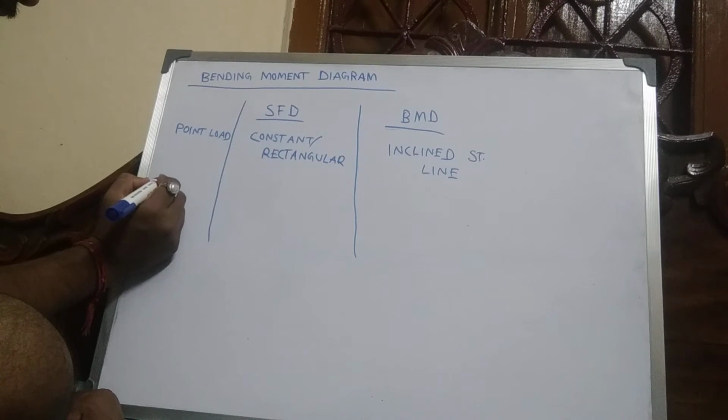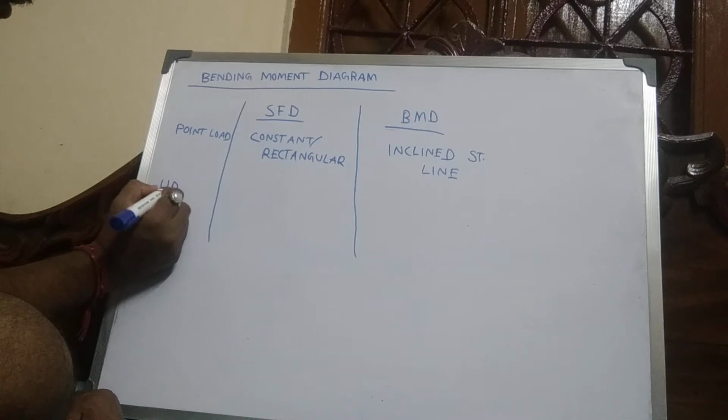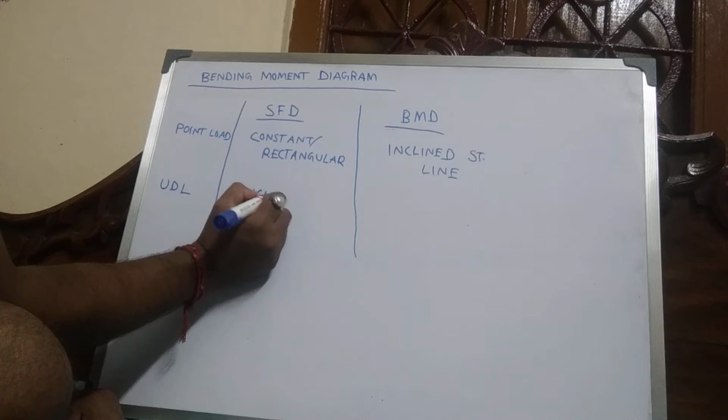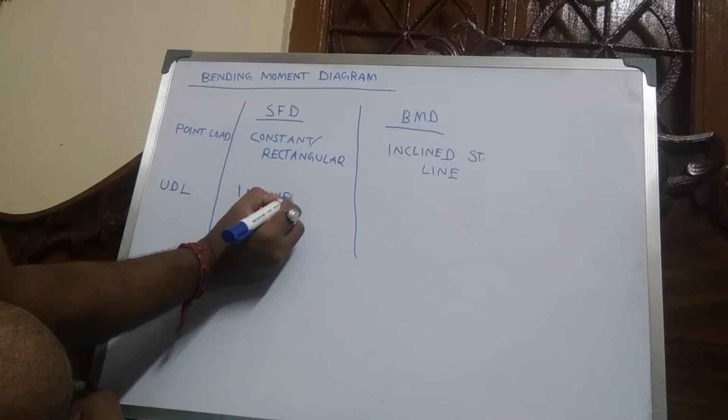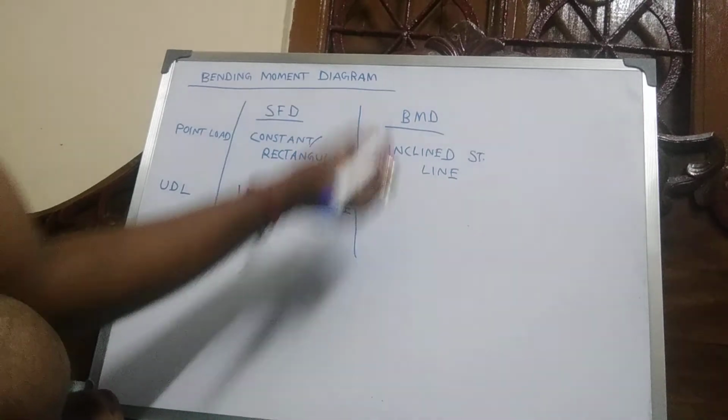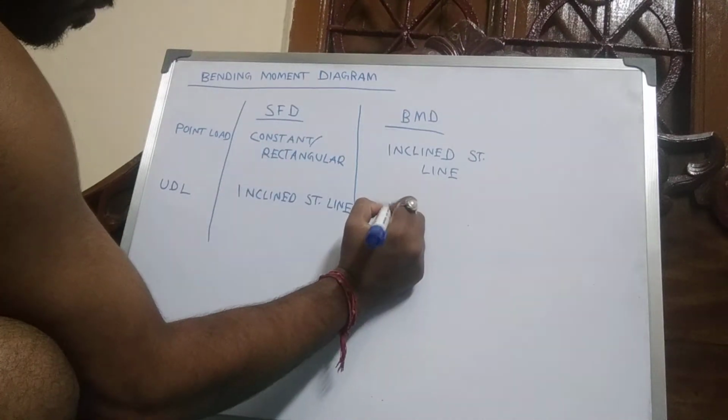For uniformly distributed load, shear force is an inclined straight line, and bending moment is parabolic.